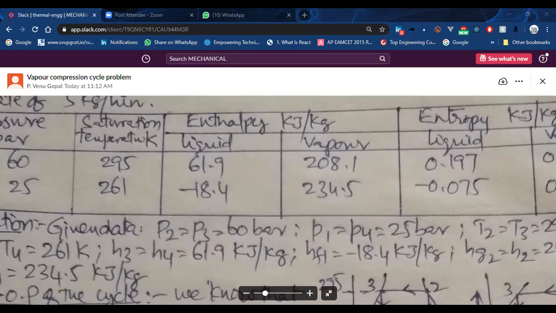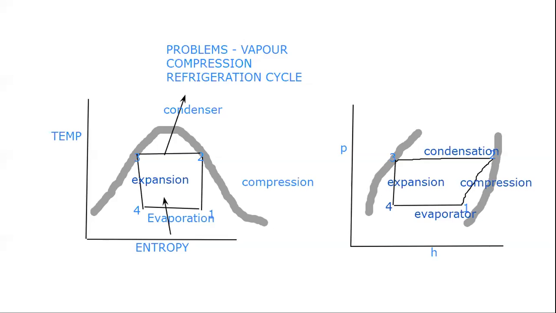So what he has given is, at 60 bar, see, 60 bar is at this 3 to 4, correct? At this point, what is the hf he has given for liquid, and what is the hg he has given? How do you understand that?